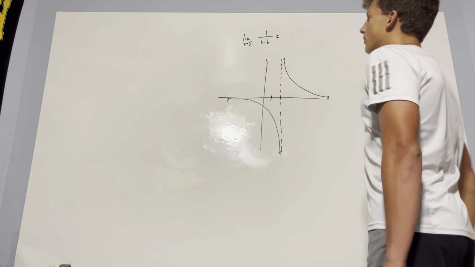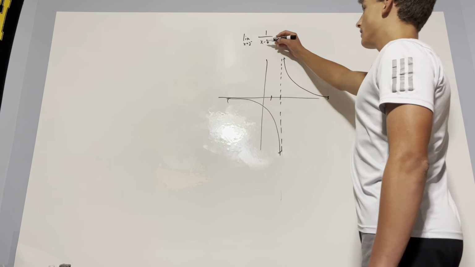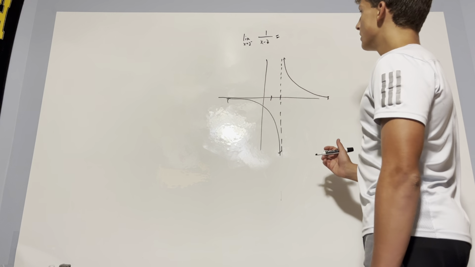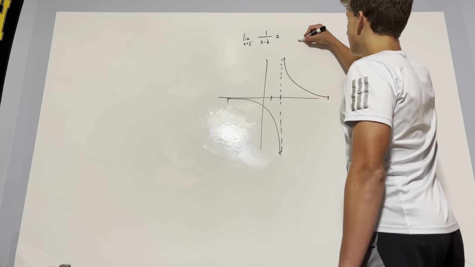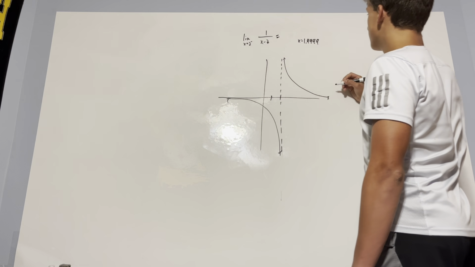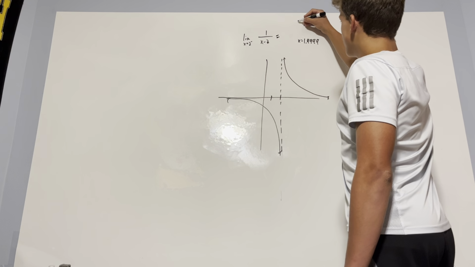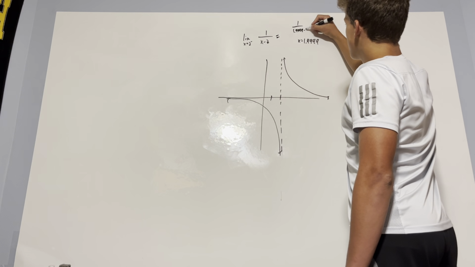How would we do this analytically? How about we take a value of x that is very, very close to 2, but just slightly lower than it. Let's use the value x equals 1.9999. If we plug this into our function, we get 1 over 1.9999 minus 2.